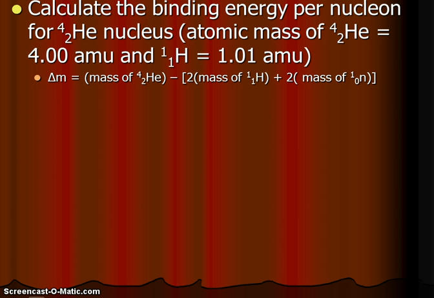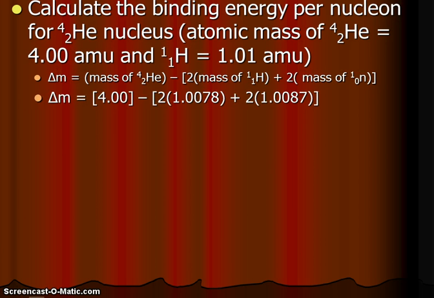So the first thing we're going to want to do is calculate what the change is in our mass. So we'll find out what the mass of that helium nucleus is, which is the 4.00, and we'll find out what the mass should be. So we'll look up on the table what the AMUs are for a proton and a neutron, and we know that helium is 4.00 AMUs.